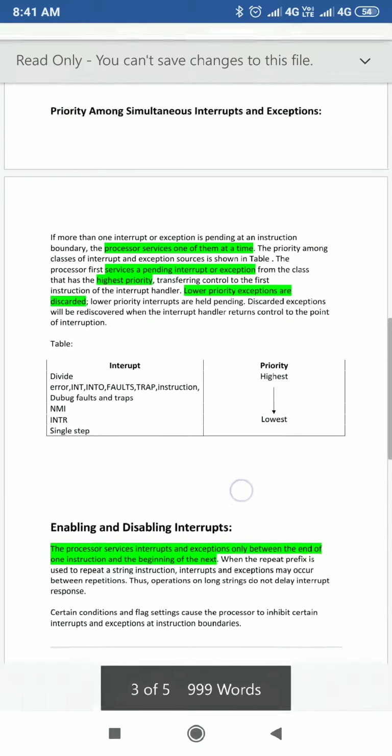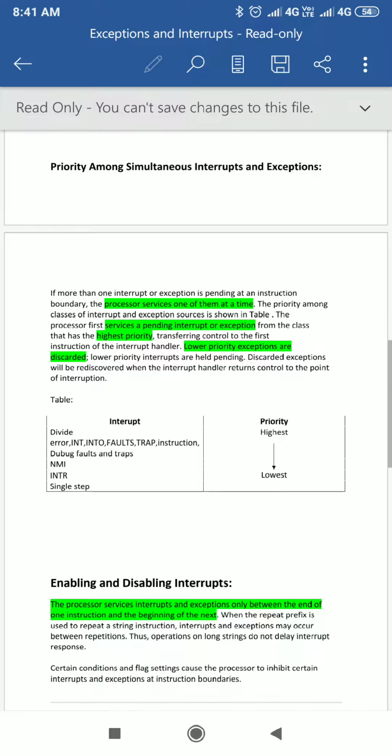We have a table which shows the priority of the interrupts. Suppose the interrupts are like divide error, INTO, false trap and instruction. These are the highest priority interrupts. The processor has to serve them first, and after that your debug faults and traps, then non-maskable interrupts have the next highest priority.